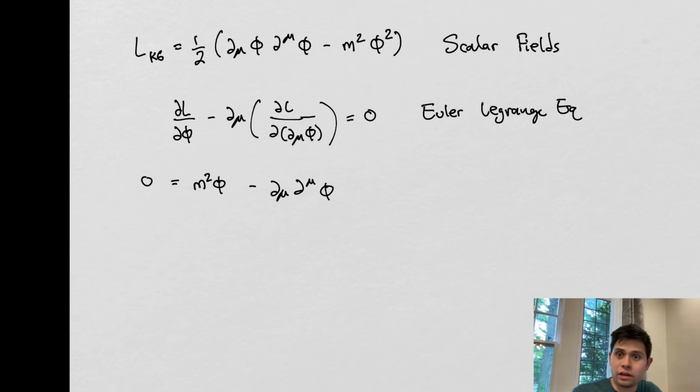So this is our Klein Gordon equation, right? And sometimes it's written like this: d mu d mu phi, minus m squared phi.